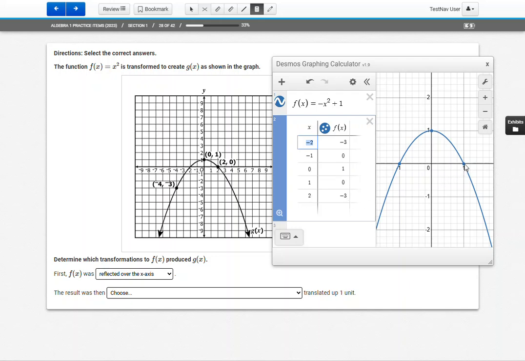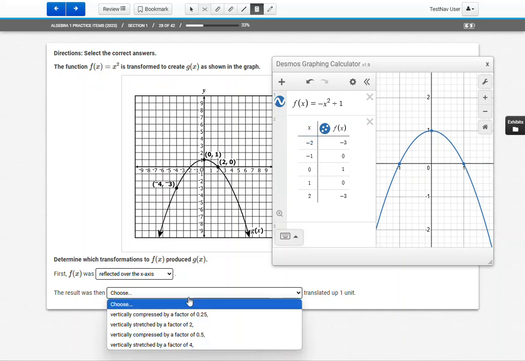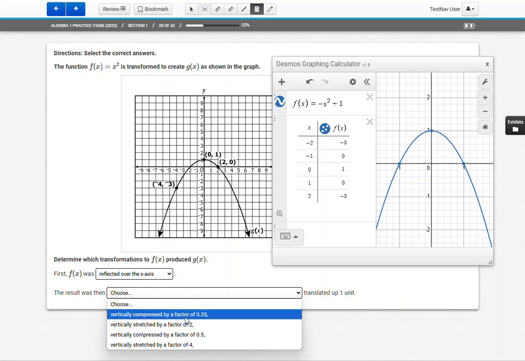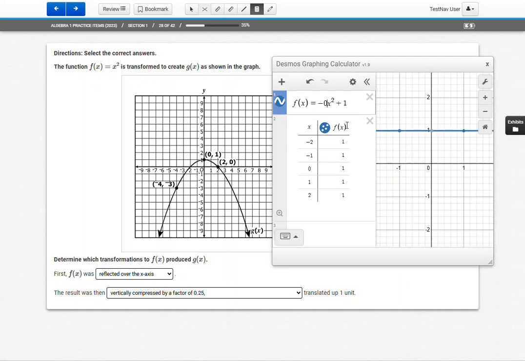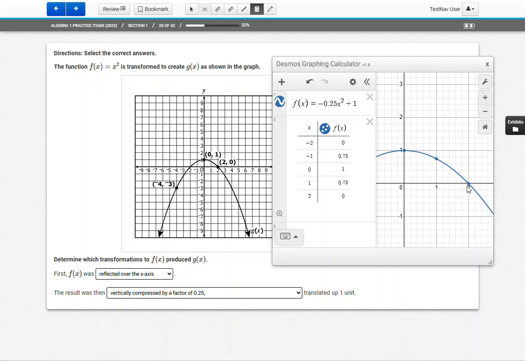So I need this to be stretched out a little bit. Okay, it moved out. So it's definitely not a stretch, it's a compression, because a compression makes the graph a little bit flatter. So if I put 0.25, you can see how it gets pulled out a little bit right here.